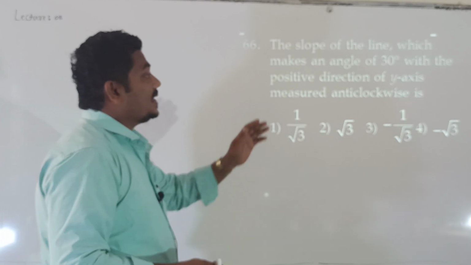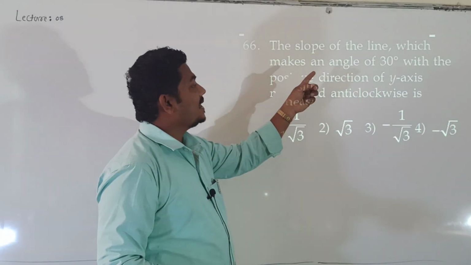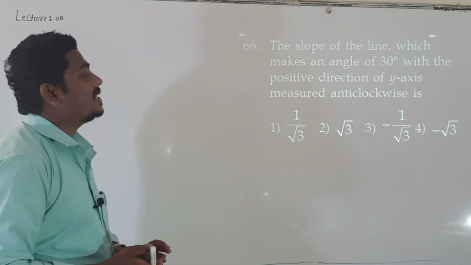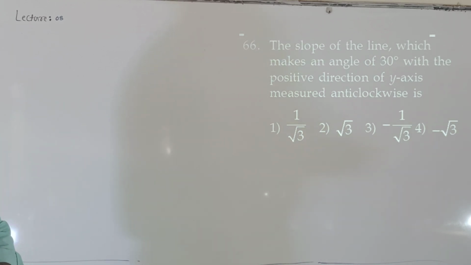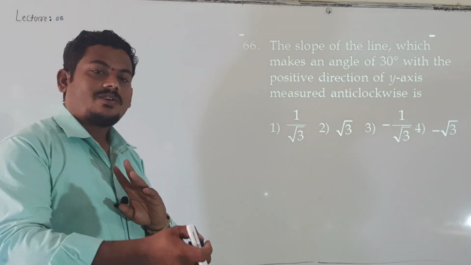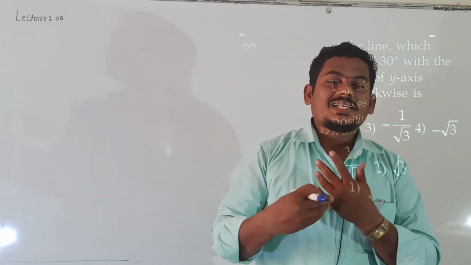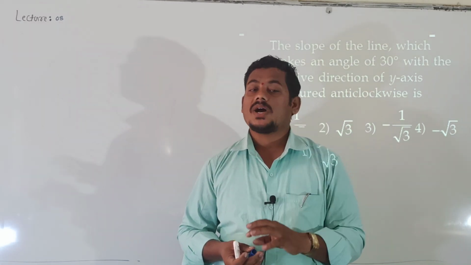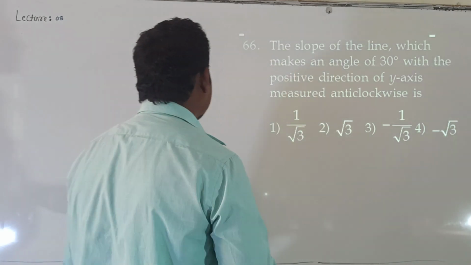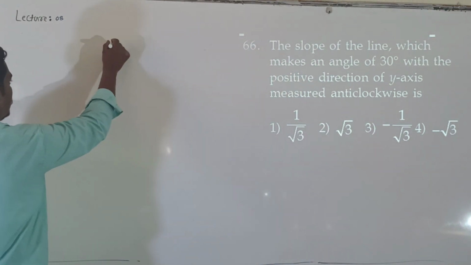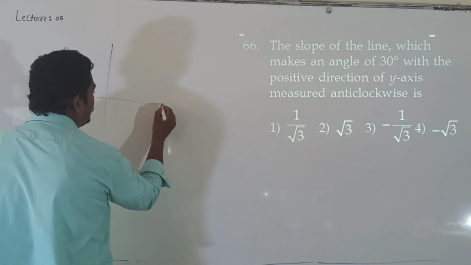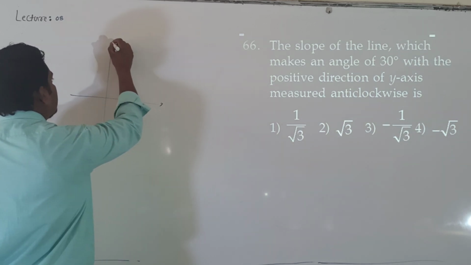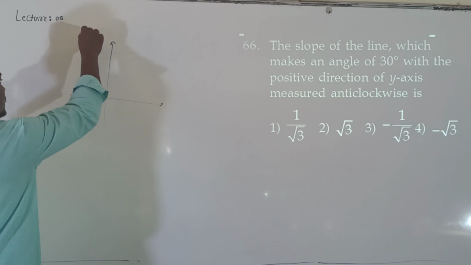The slope of the line which makes an angle of 30 degrees with the positive direction of the y-axis, measured in the anti-clockwise direction. We need to find the slope, but what they have given is the angle made by the line with the positive direction of the y-axis. First understand the question. In this case, the inclination is not given.